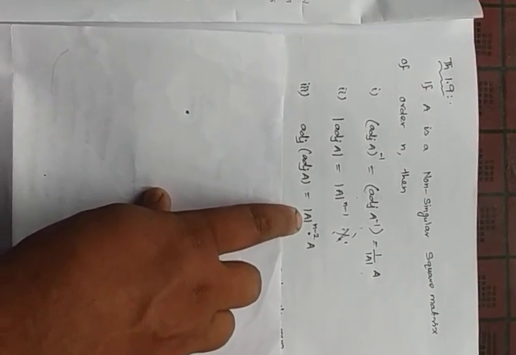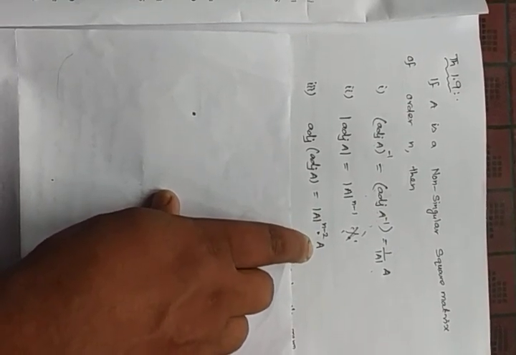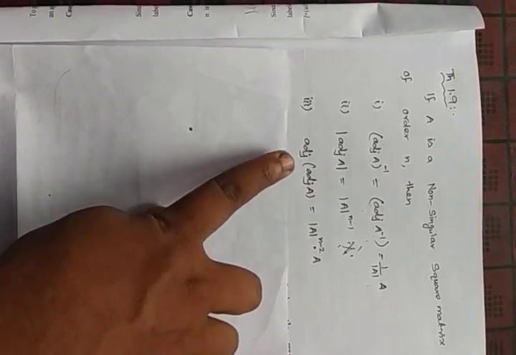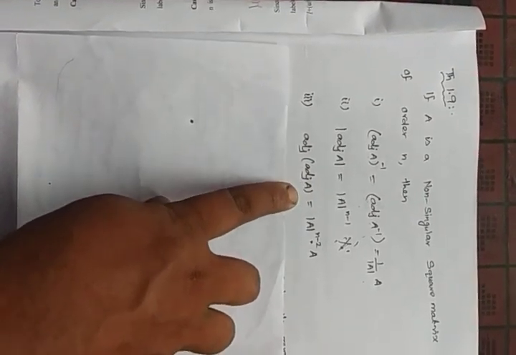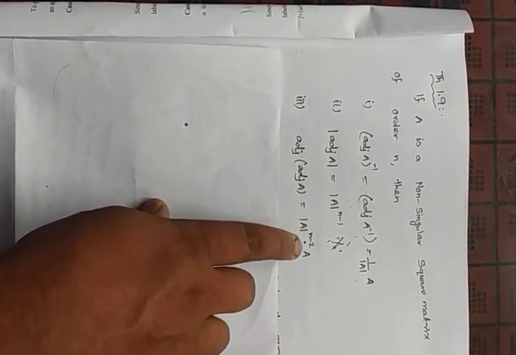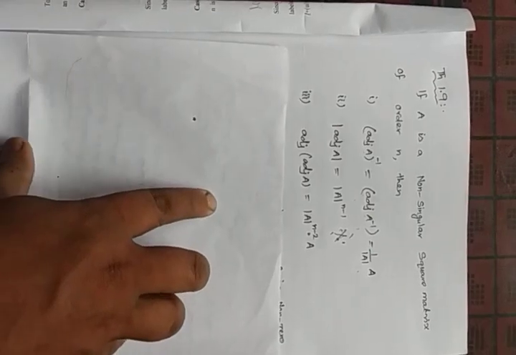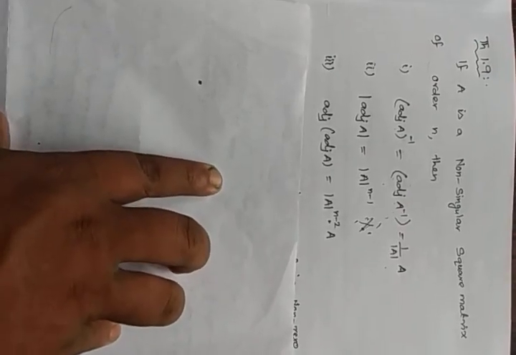A number will come, and that number you need to multiply with the matrix A. It's very important. Adjoint of adjoint A equals determinant A power n minus 2 into A. This is also a very important result, that is the third one.